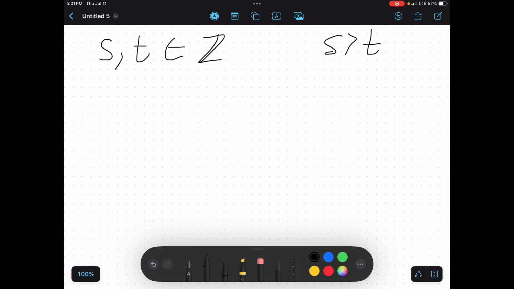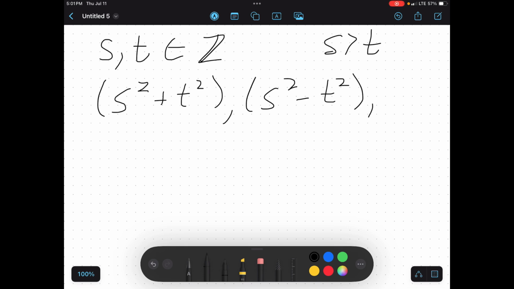With this being the case, we can generate three values. One is going to be s squared plus t squared. A second value is s squared minus t squared. And the last one is just going to be 2st.